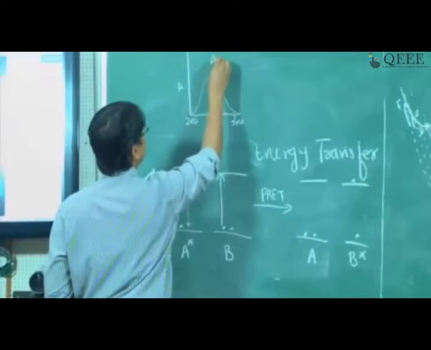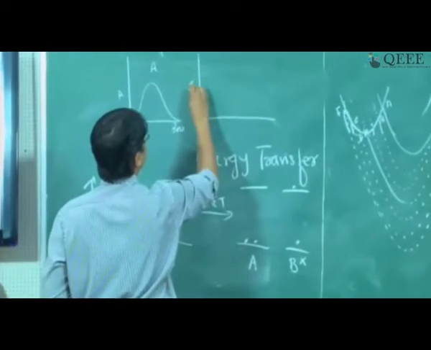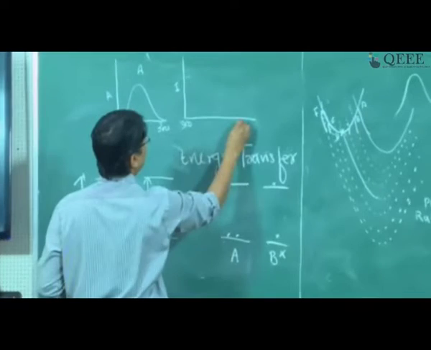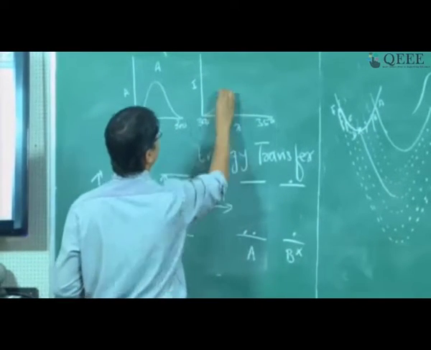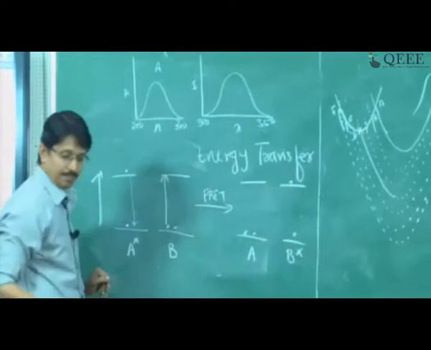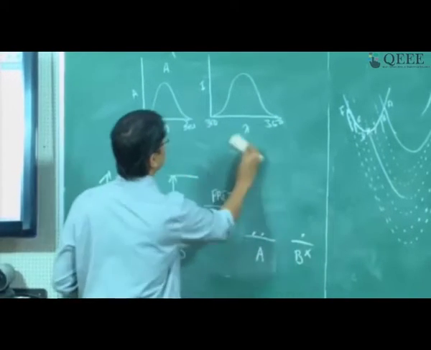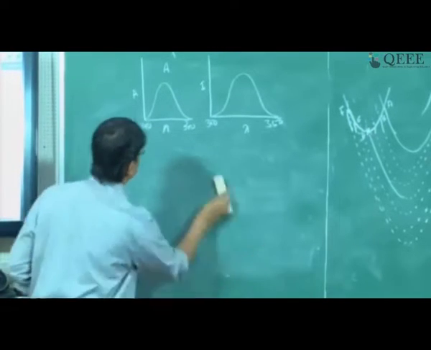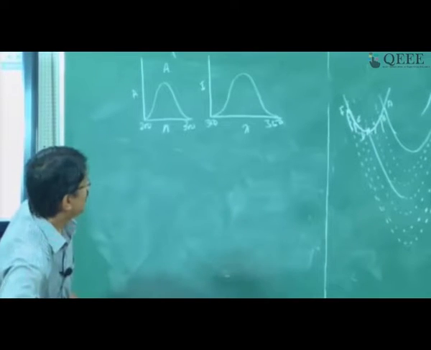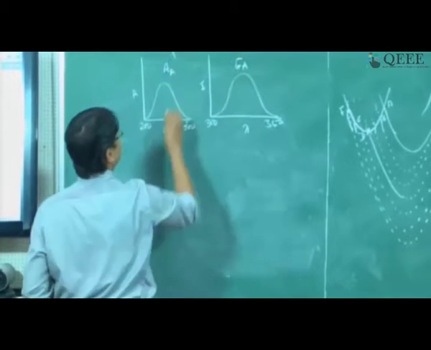This is the corresponding emission spectrum, 300 to 350, this is lambda, emitting like this. This is the emission spectrum of A, and this is the absorption spectrum of A.